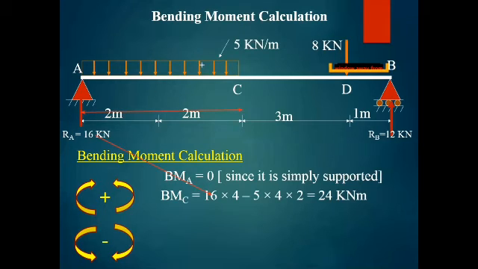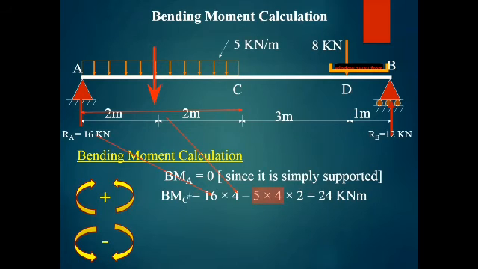So I have taken this 4 meter distance. Now this UDL, I'm going to convert into a point load at the center. So this is the center of the UDL. Here I am going to mark this as 5 into 4, the total UDL, and then the distance.